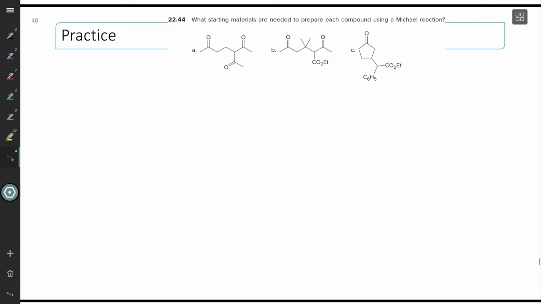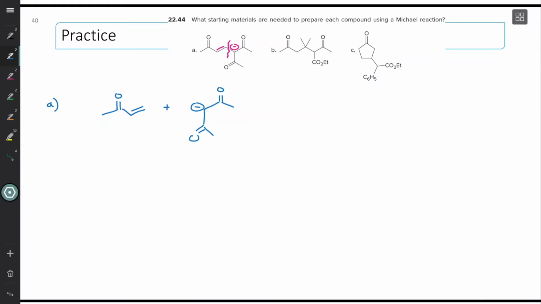So here between these two carbonyls, this would be a great spot to have put my enolate, and then I would break here, and this would be my ketone. So A plus this enolate like that.